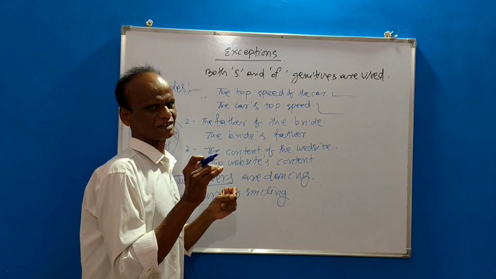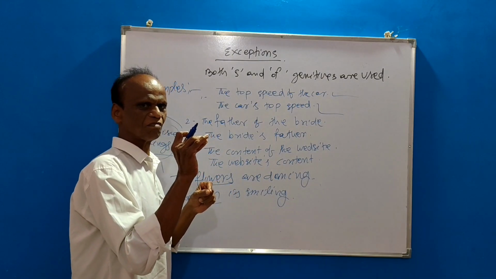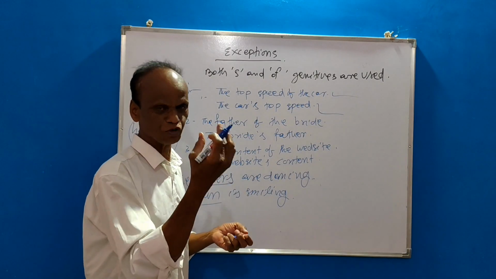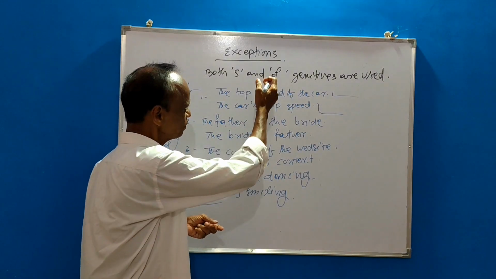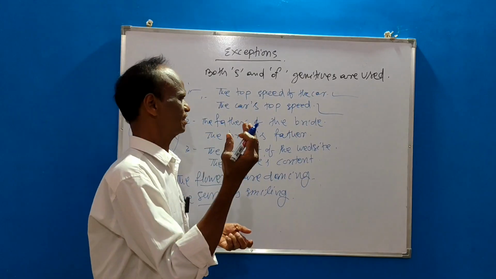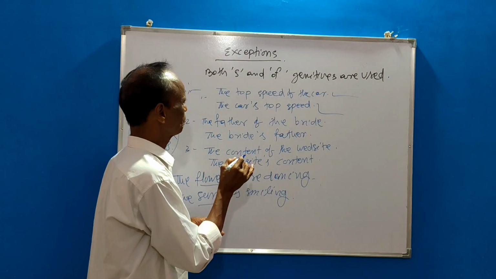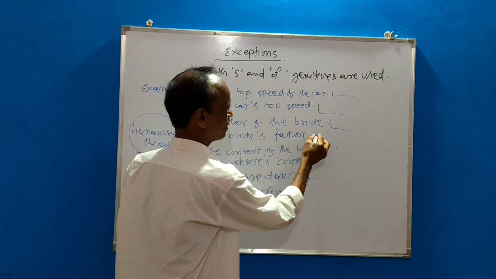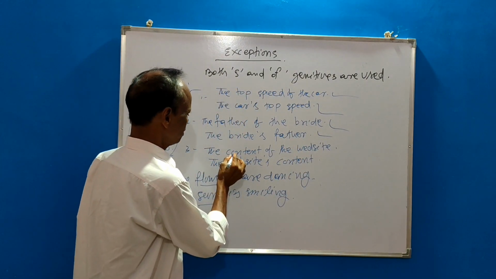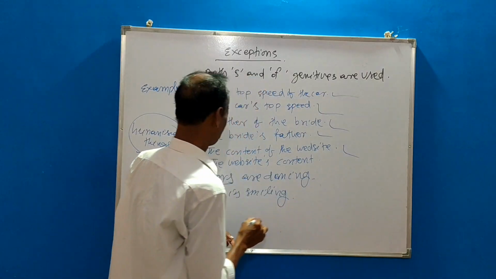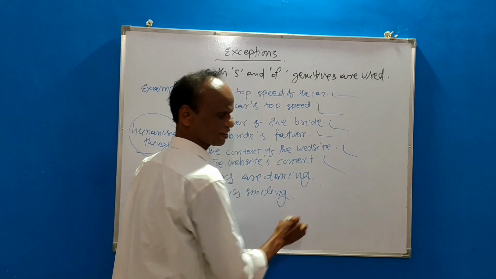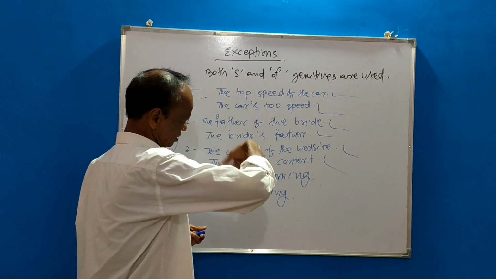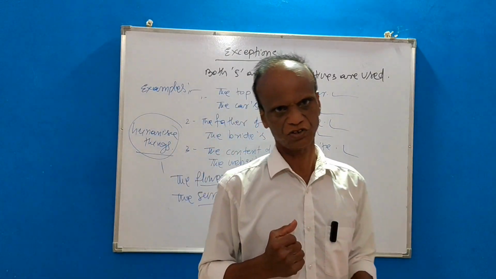In advertisements, you will see it in journals or newspapers. The father of the bride, correct? The bride's father, correct? The content of the website, correct? The website's content, correct? So, these are the exceptions.